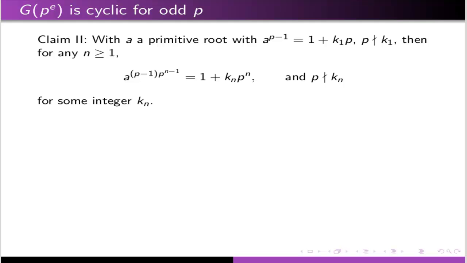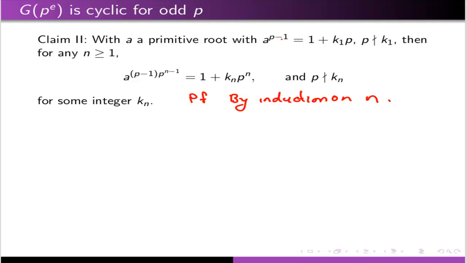Suppose now that we have a primitive root where p is not a divisor of k1. Then I claim that we have the following relationship, and that this is going to follow by induction. So proof by induction on n. So when n equals 1, that's our hypothesis.